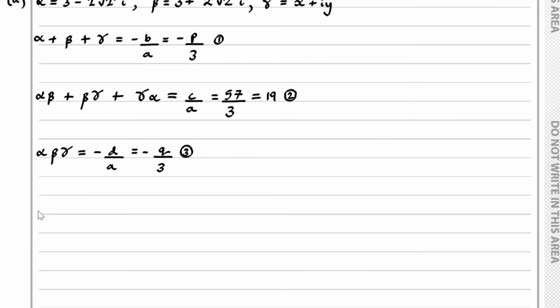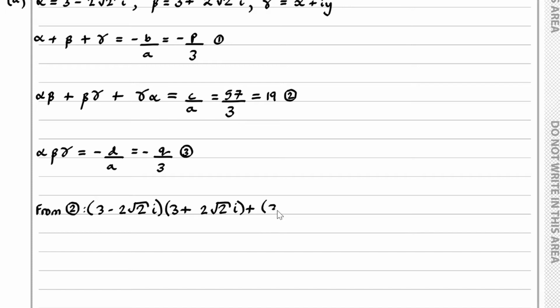So from equation 2 we can see over here we have alpha beta, so we have 3 minus 2 root 2 i times 3 plus 2 root 2 i, plus beta gamma.